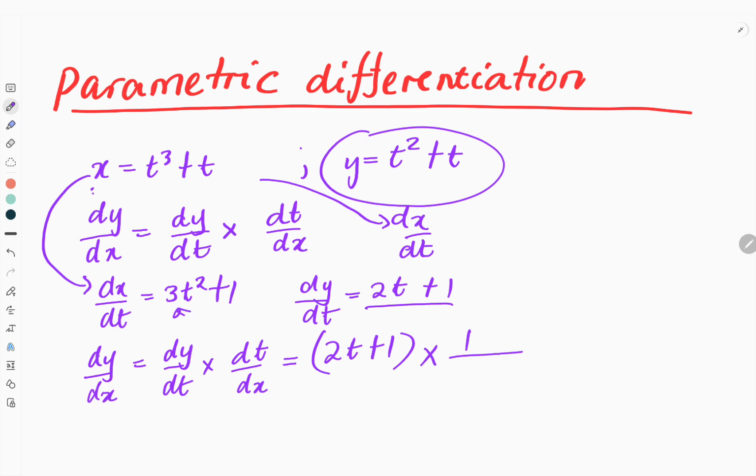So we inverse that, then we get dt/dx, which is 1 over 3t squared plus 1. That can be simplified further as 2t plus 1 divided by 3t squared plus 1. And that's how you determine your dy/dx of two parametric equations.